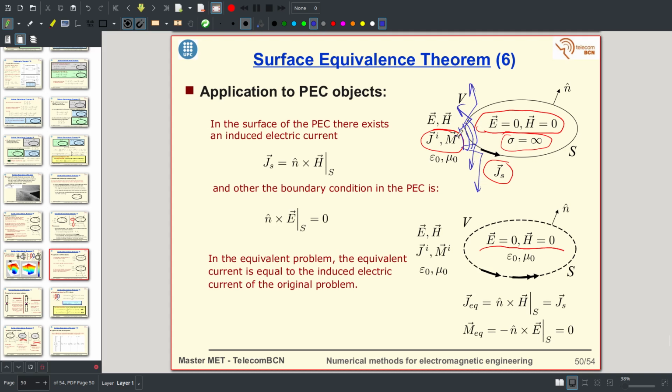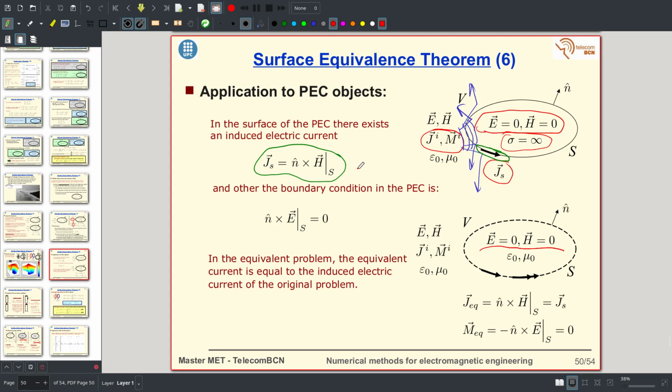And you know that in this case, a surface current is induced on the surface of the perfectly conducting object, and the boundary condition gives us the value of the induced current. It is n cross the magnetic field H, or the tangent component of the magnetic field.